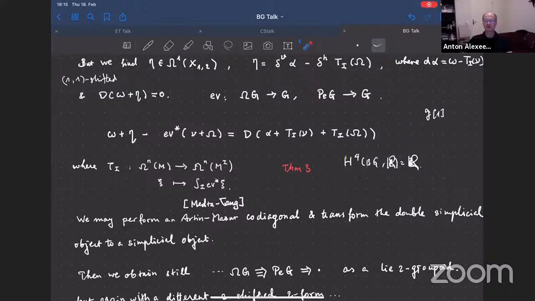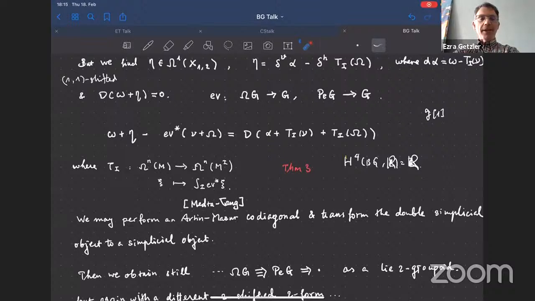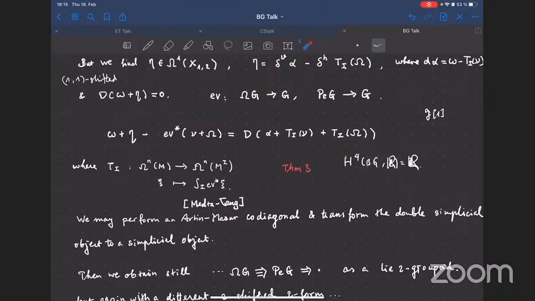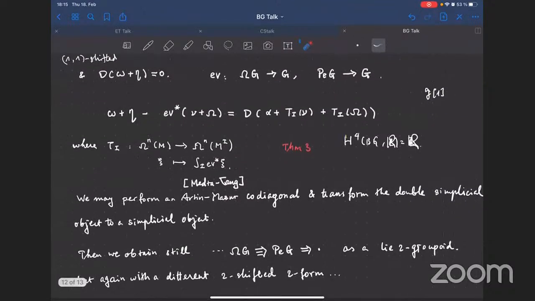More questions or comments? Could I ask, this Artin-Mazur codiagonal rarely preserves the Kan condition. So do you have a situation here where it does produce a Lie groupoid? No, it does not preserve the condition all the time. Right.